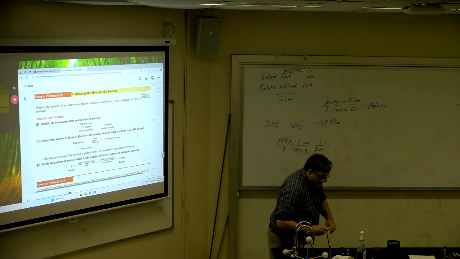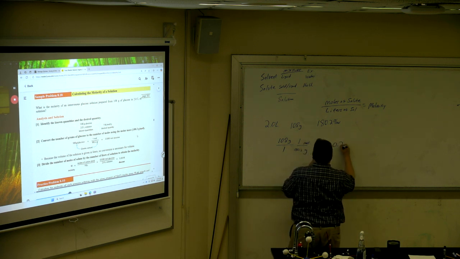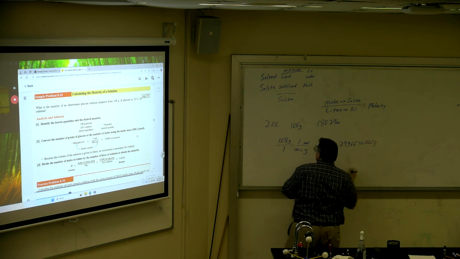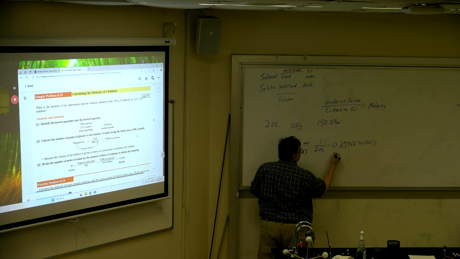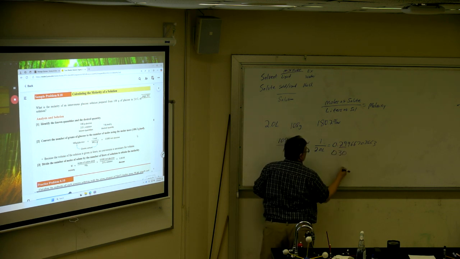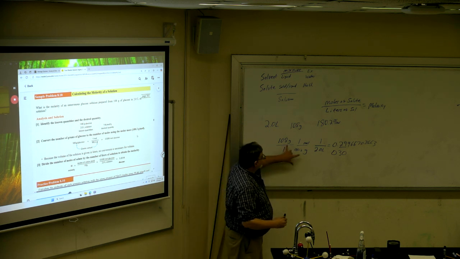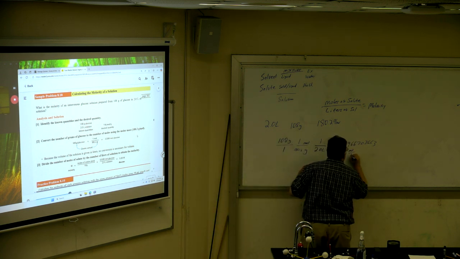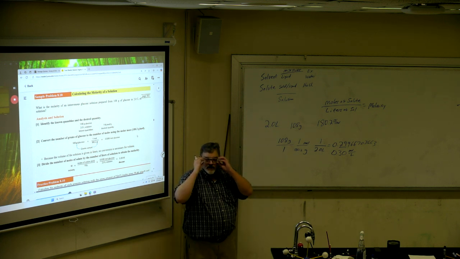My calculator says, but of course it's 3, 4, and 2. So I'm keeping those, so essentially it's going to be this answer. Grams cancel, and we're left in moles per liter, which is what we were after. Because it's a concentration.